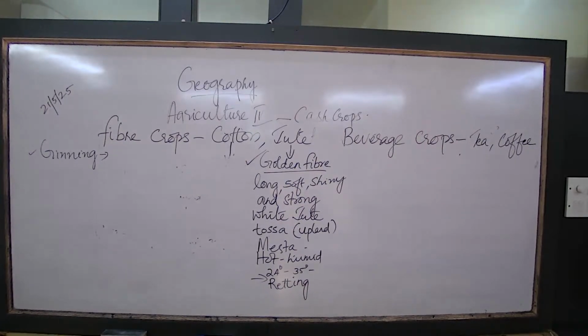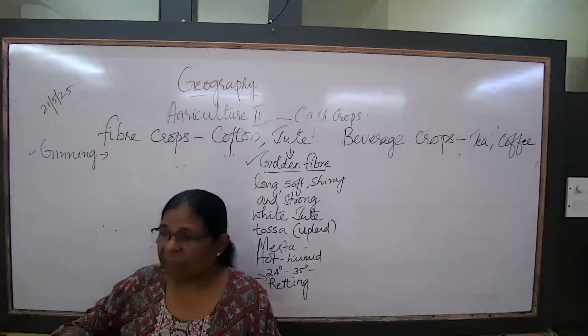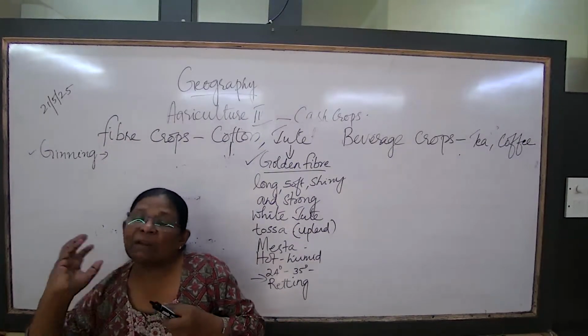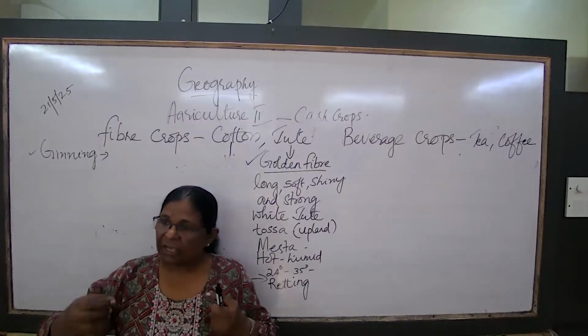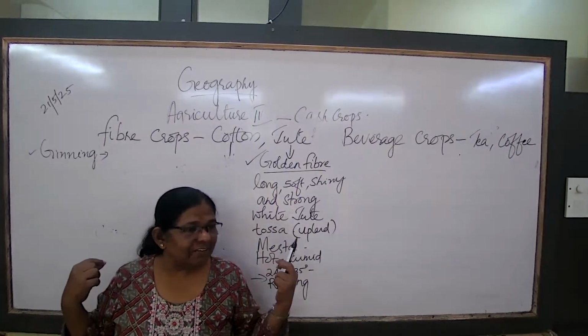Jute. For what purpose? It is for peeling off the stem's cover and to separate the fiber. Understood? So the retting process is done to peel off that cover and to remove the fiber.